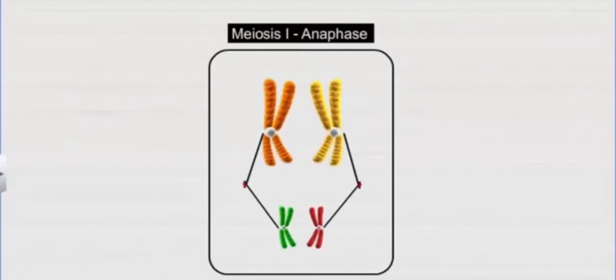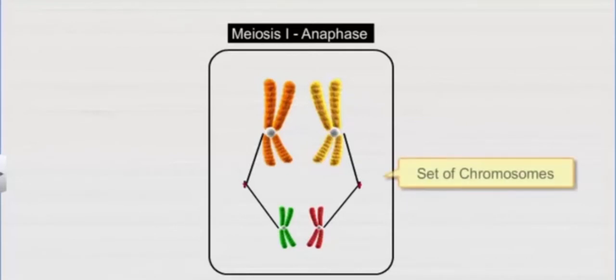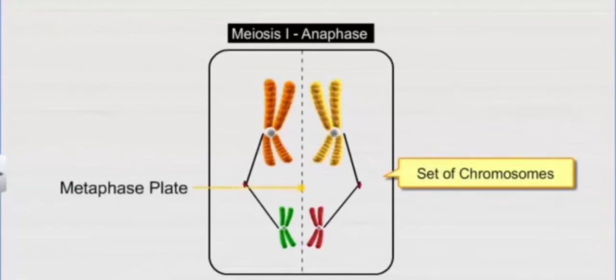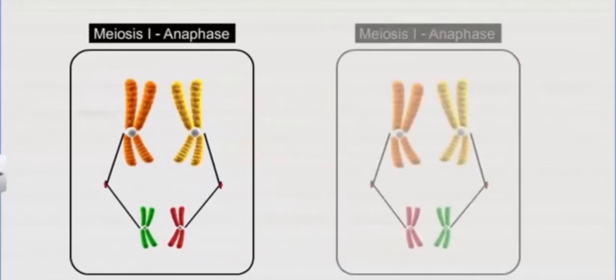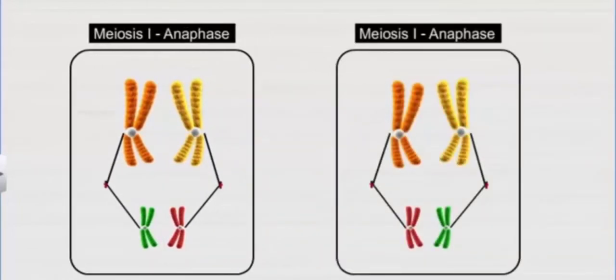Let us now study the behavior of chromosomes during cell division. In the anaphase stage of meiosis 1, a set of chromosomes align along the metaphase plate. Here we can see a long orange and a short green chromosome and a long yellow and short red chromosome aligned at the same pole. Now let us consider another set of chromosomes aligned along the metaphase plate.